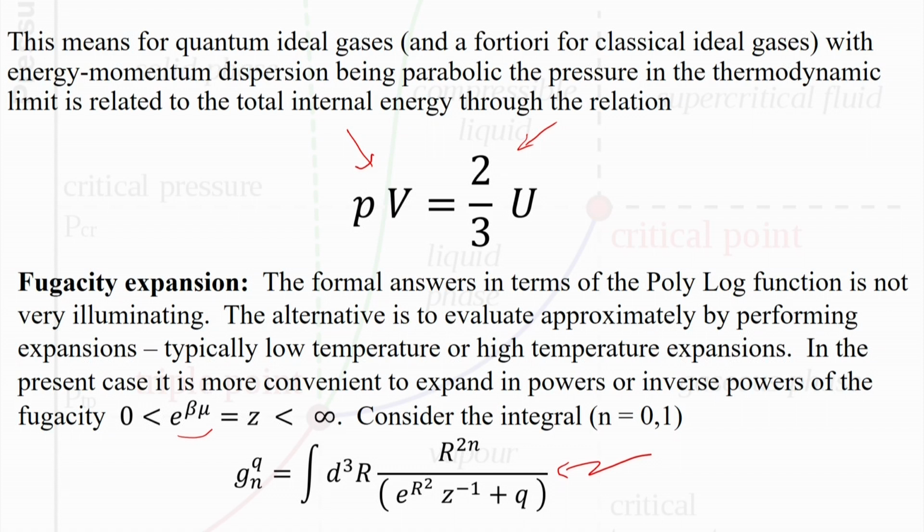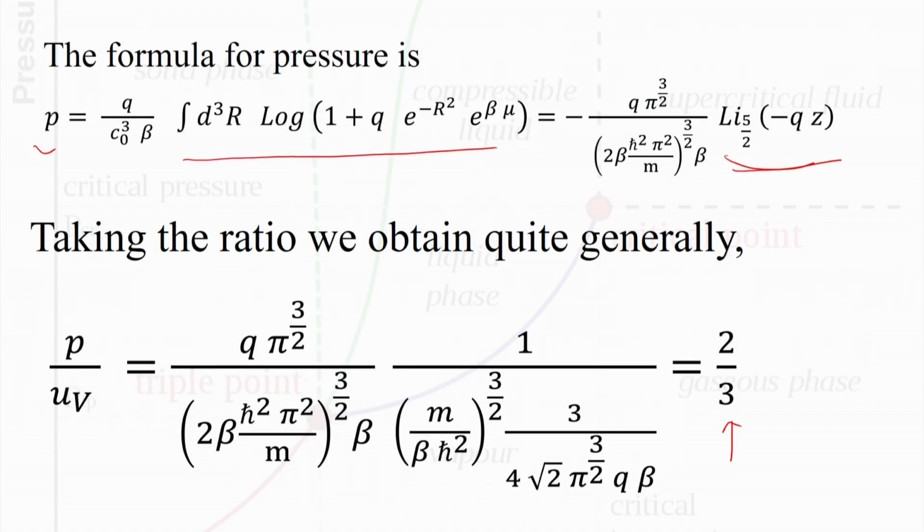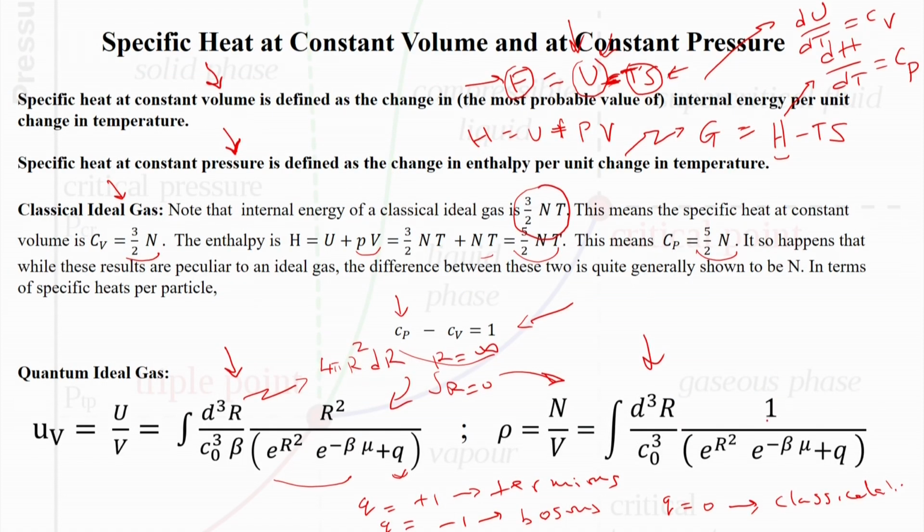Remember that when I write it as r to the power 2n, n equal to 0 corresponds to calculating the particle density, and n equal to 1 corresponds to calculating the energy density, because if you go back here, this is r to the power 0 and this is r to the power 2.